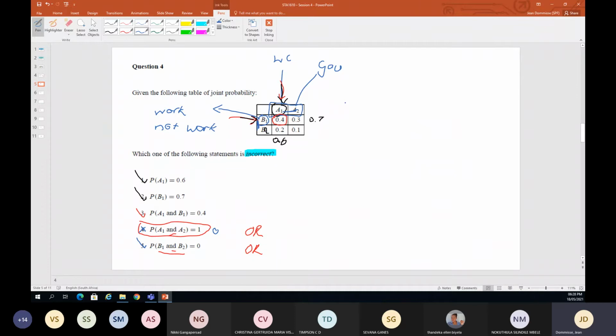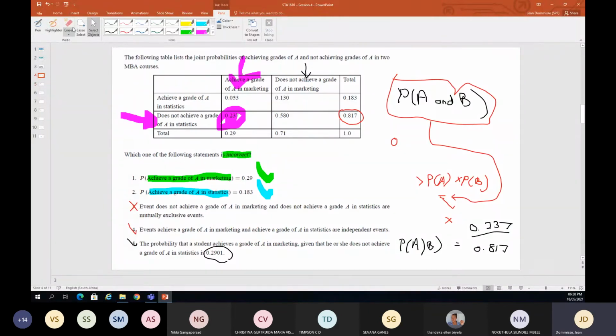I will show you. So the same with this. This is also a nice one to use. You can't achieve a grade A in marketing, but also not achieve the A. So you can only achieve one of the two. So that is why those two will always be mutually exclusive. If it's the and, it will always be equal to 0.